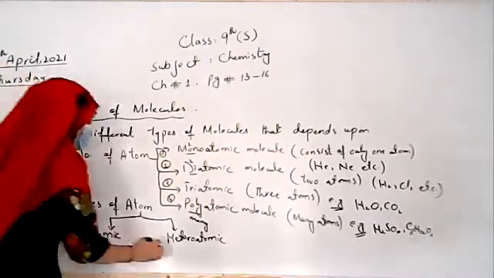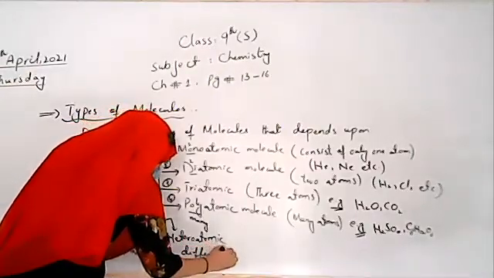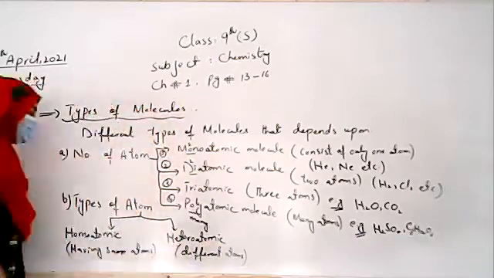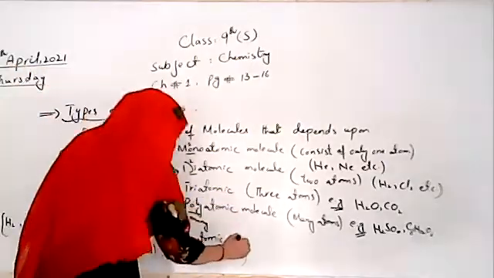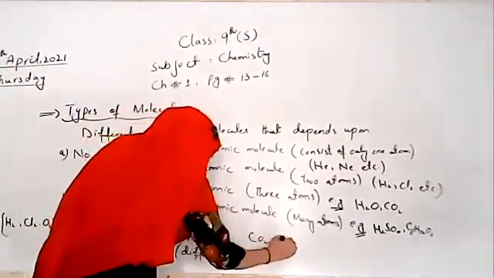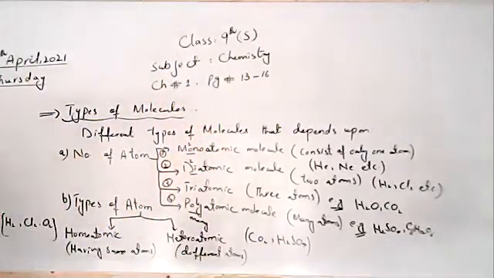Hetero means having different atoms. And examples for homoatomic are H2, Cl2, S6, S8, O3, O2. These are examples of homoatomic molecules. And the heteroatomic molecule, for example, CO2, H2SO4, C6H12O6. These are the different types of molecules.